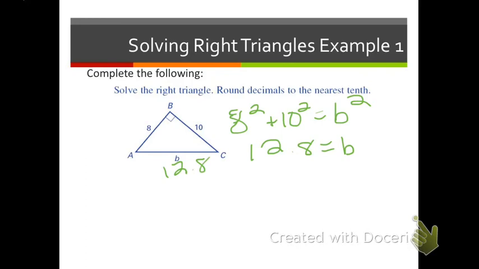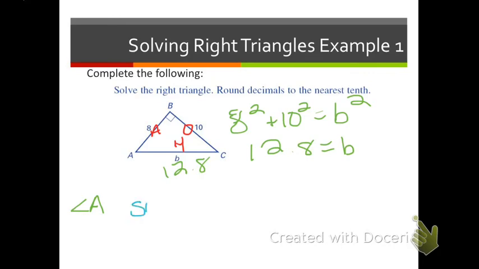Okay, but what to do about those angles? That's where we use the word inverse. So angle A, let's say, I'm going to solve for angle A, so I'm going to quickly label opposite, adjacent, hypotenuse, and then use that information to set up a trig ratio. Let's use sine.